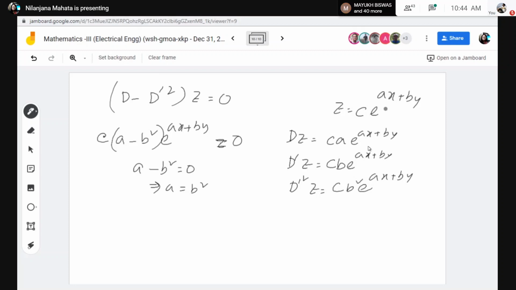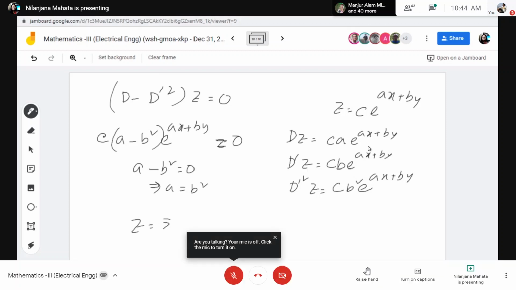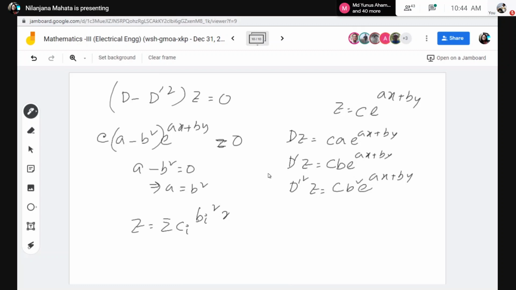You will put a is equal to b square here, and you will get your general solution like z is equal to summation c i e to the power b i square x plus b i y. So you will have arbitrary constants c1, c2, and you will get your general solution of the given partial differential equation like this.